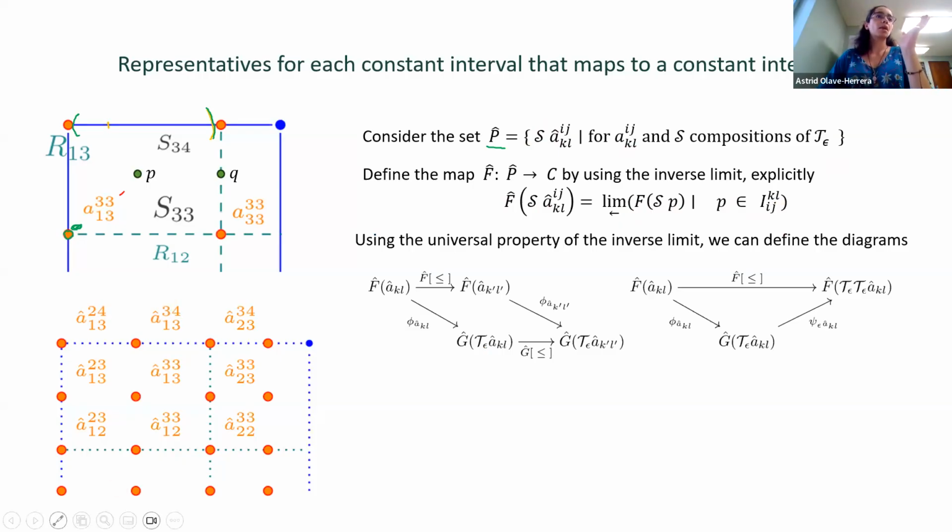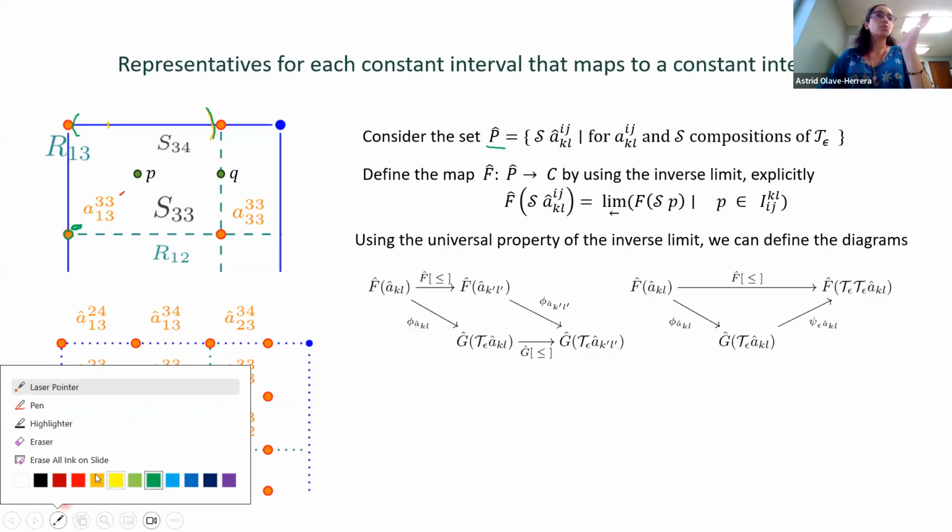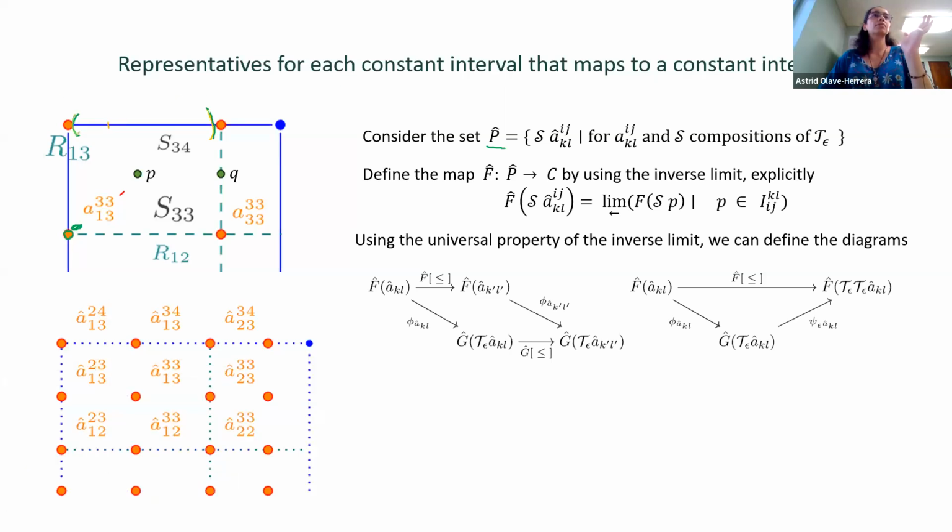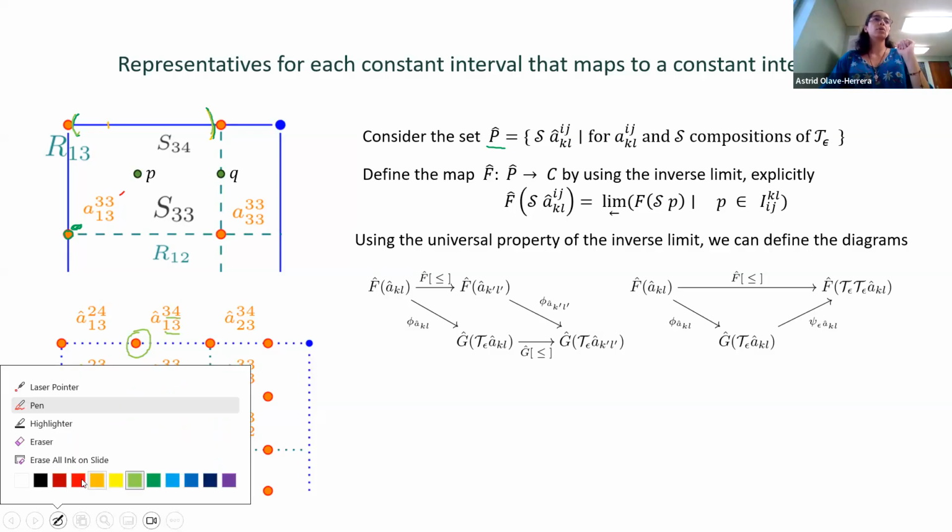Let's do orange. Oh, it's green already. Okay, so remember that green that we used before here? Now this whole interval S34 is going to be represented by only this point, A3413. All the elements that are in 34 that are mapped into 13, into R13. We can do the same with the squares.